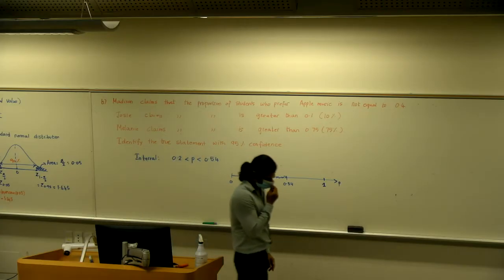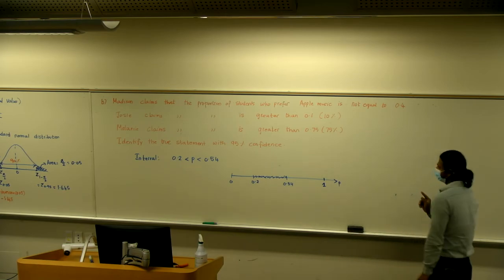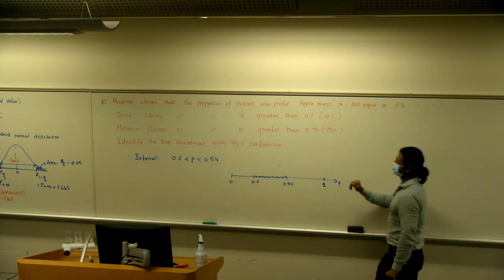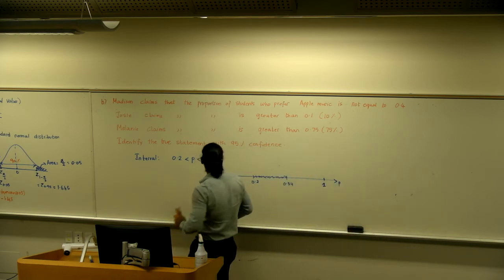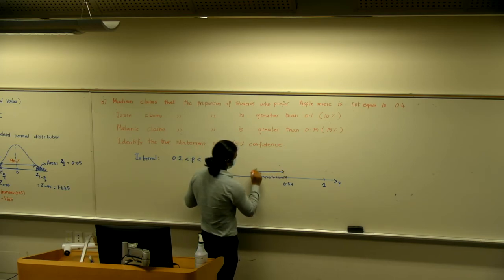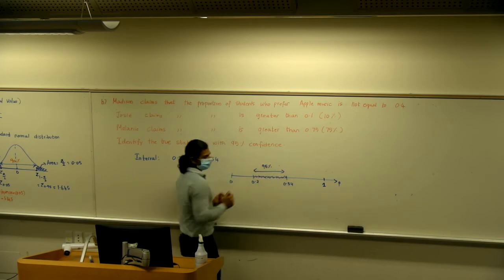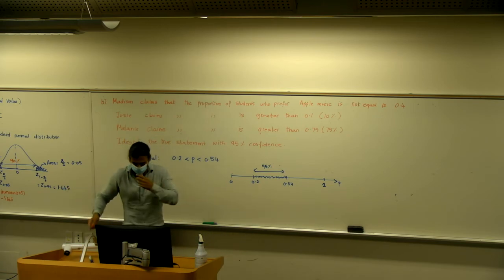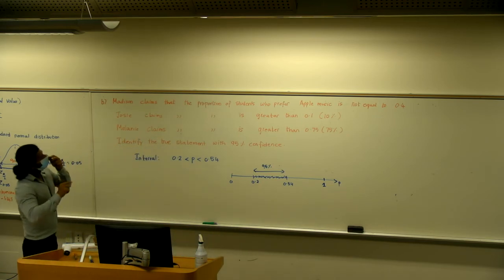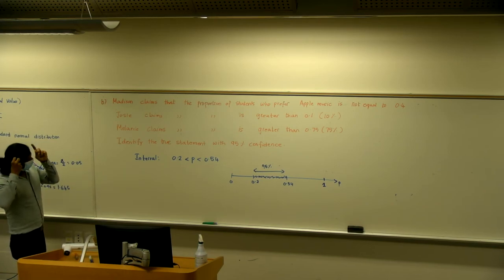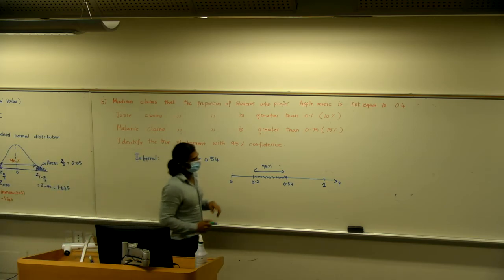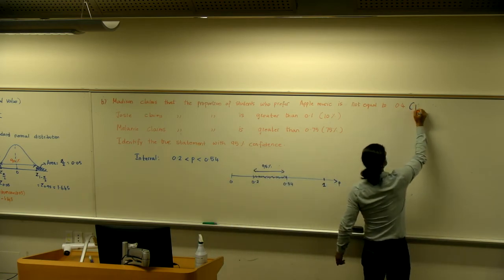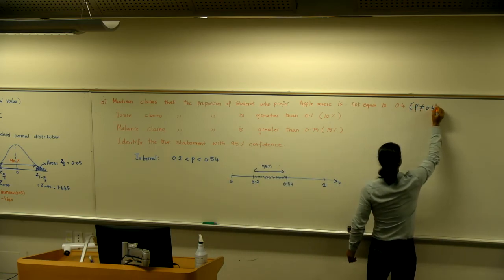We have an interval, and we're going to make inferences using it. That interval is formed with 95% confidence, so there is a 5% chance that I could go wrong, but that aside, at that confidence level, Madison makes a statement that the proportion of students who prefer Apple Music, which in our case is p, is not equal to 0.4.